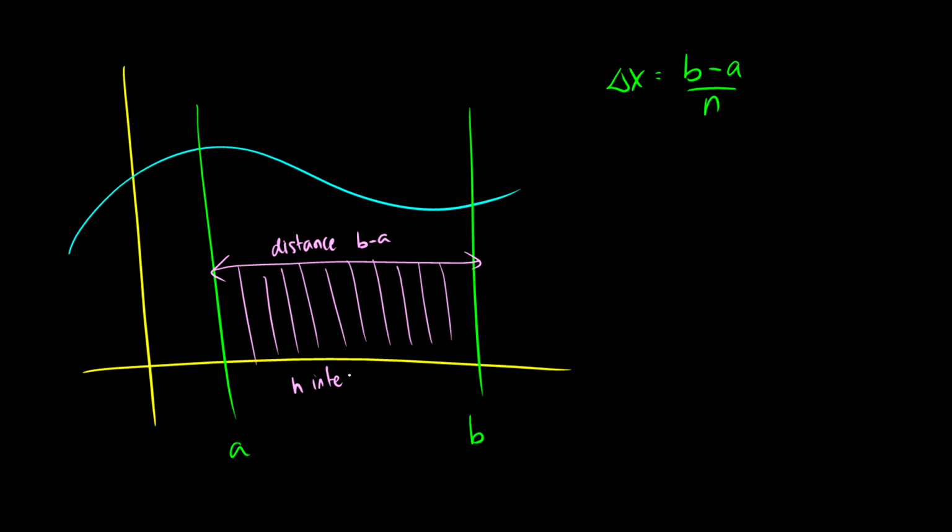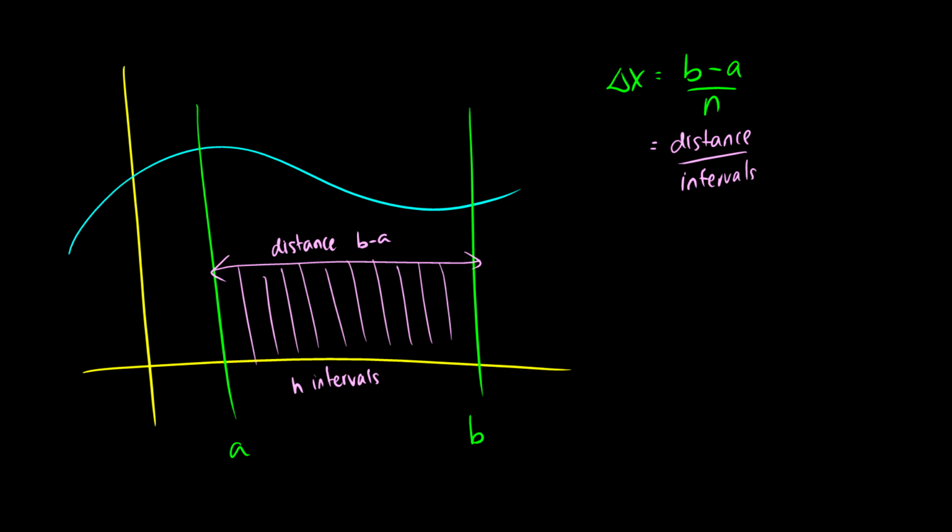And that means that each interval is going to be the distance divided by the amount of intervals. So this is effectively the distance over intervals. And that's how we get the delta x formula. So hopefully this is intuitive at this point, and we have a nice little method.